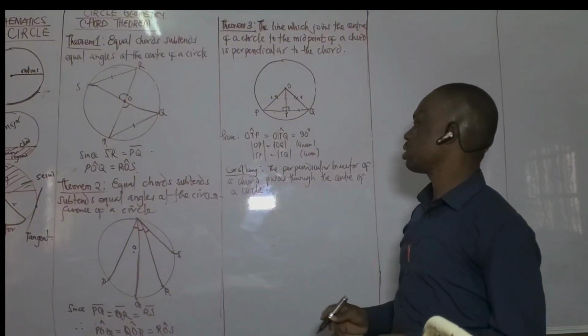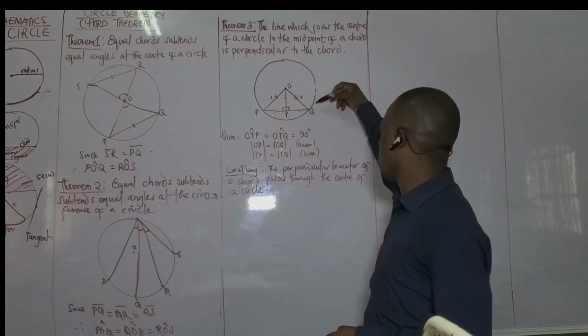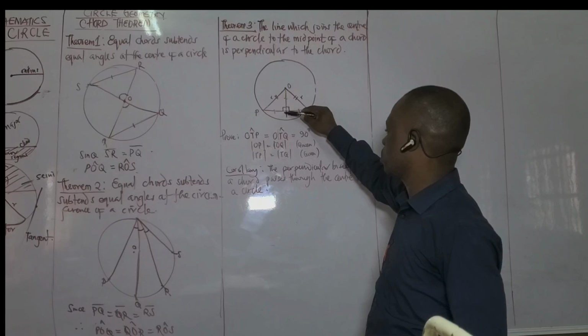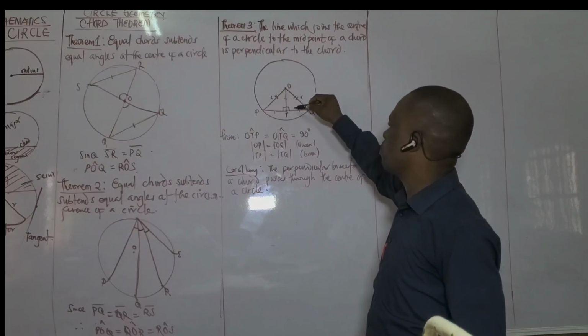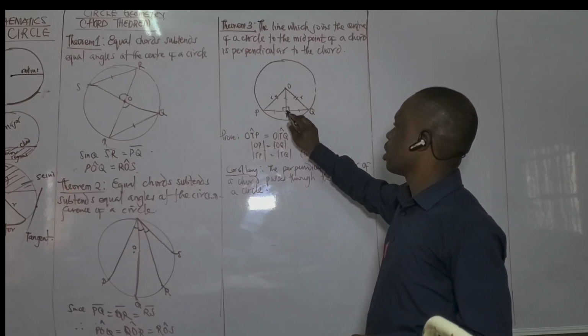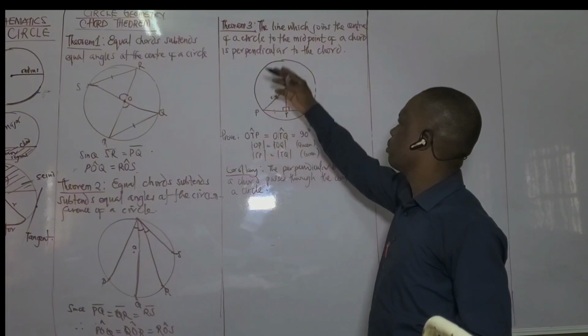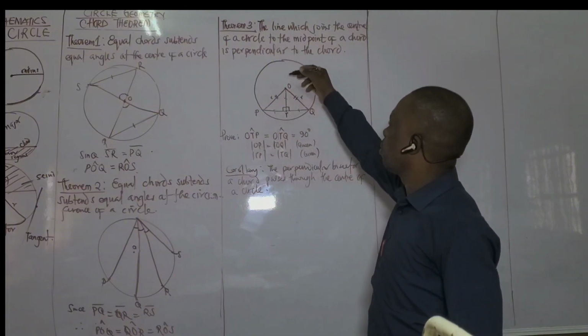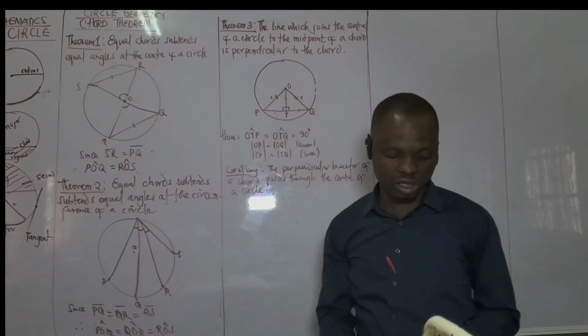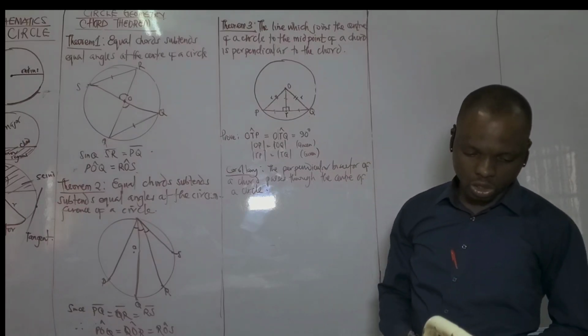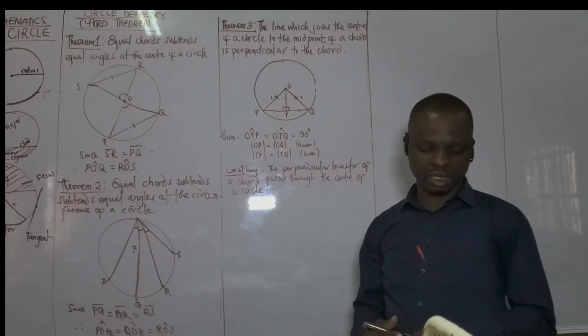What that means is that this is the perpendicular bisector of a chord, and it passes through the center of a circle. And from the first one we said the line. So when you are given questions of this form, you should be fast to understand that.